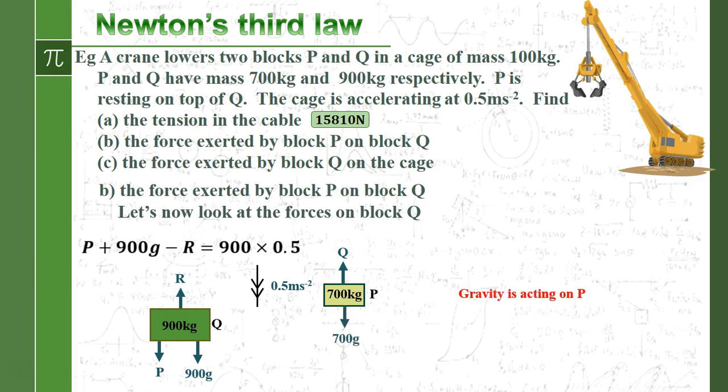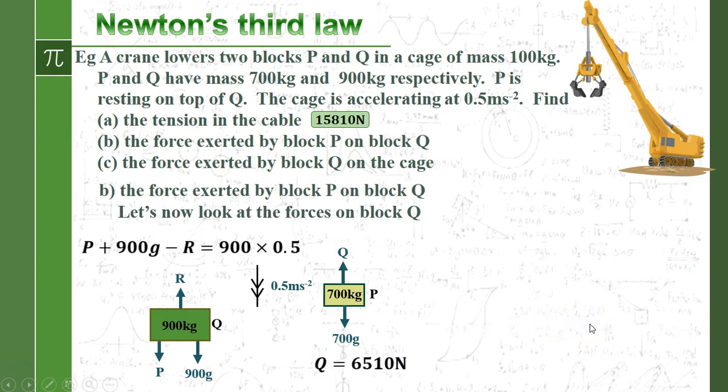And then we've got gravity acting on P going downwards, and those are my only two forces. So that makes that calculation a whole lot more straightforward. And straight away we realise that the reaction force of Q on P is 6,510 newtons.